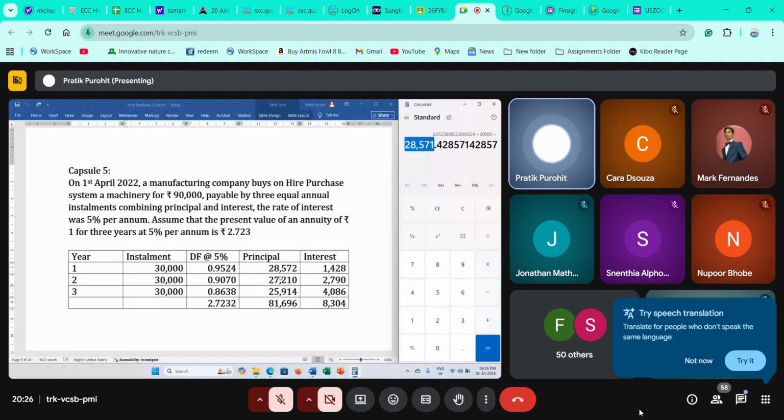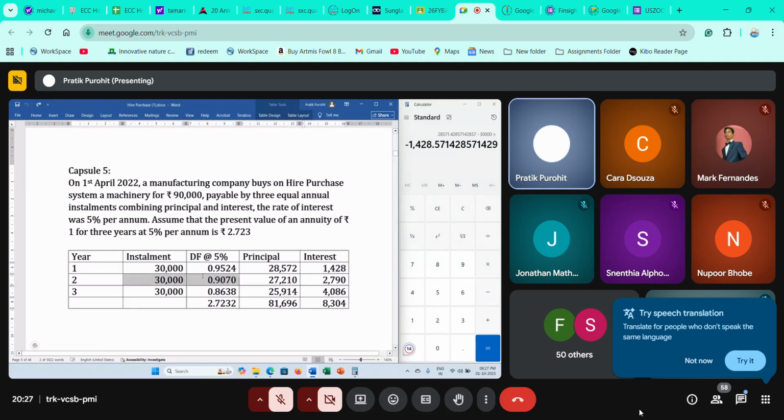I've written 28,572 over here. You can write 28,571. It makes no difference, right? And the difference between installment and principal becomes your interest. So whatever amount you get on your calculator, just subtract it from 30,000, the difference becomes your interest. Fair enough.